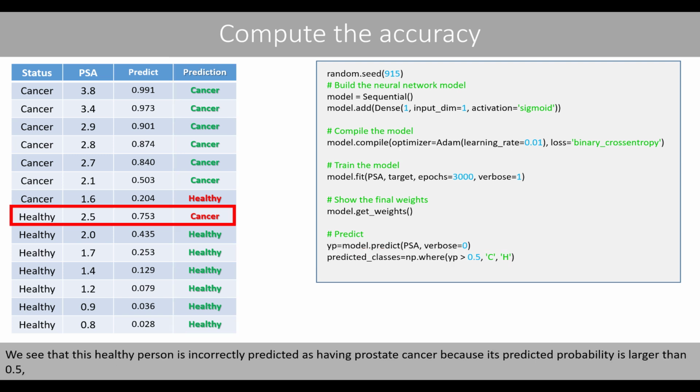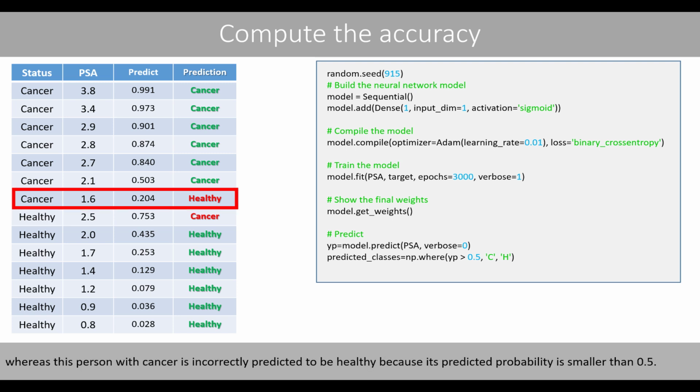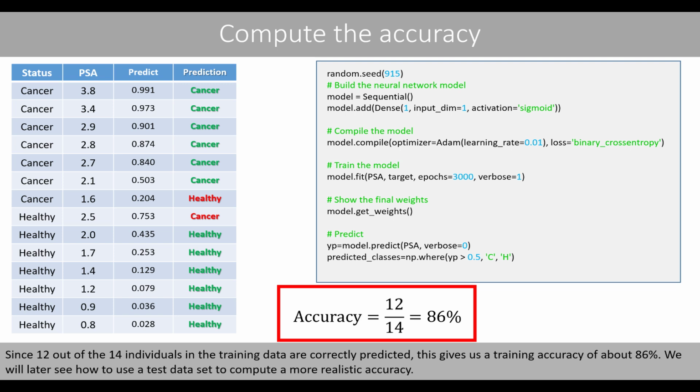We see that this healthy person is incorrectly predicted as having prostate cancer because its predicted probability is larger than 0.5, whereas this person with cancer is incorrectly predicted to be healthy because its predicted probability is smaller than 0.5. Since 12 out of the 14 individuals in the training data are correctly predicted, this gives us a training accuracy of about 86%. We will later see how to use a test dataset to compute a more realistic accuracy.